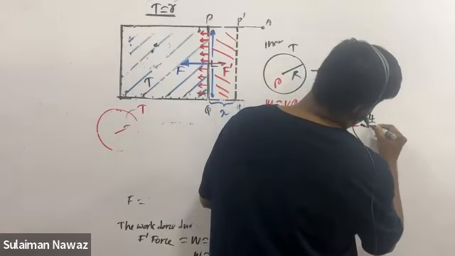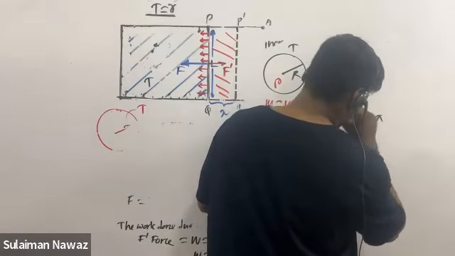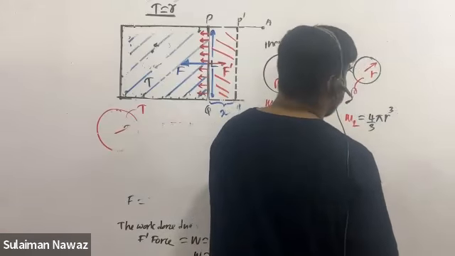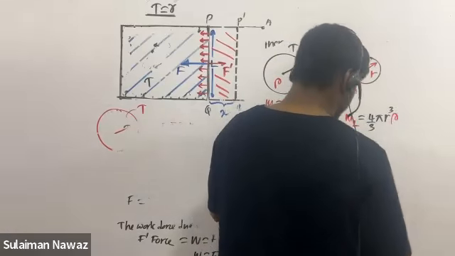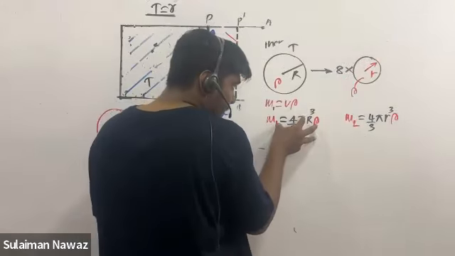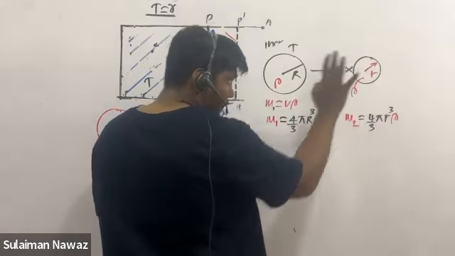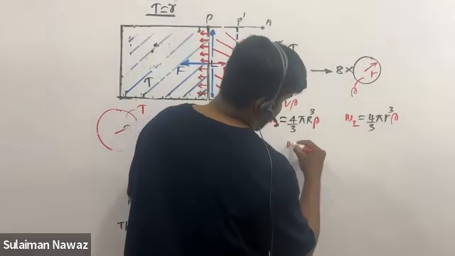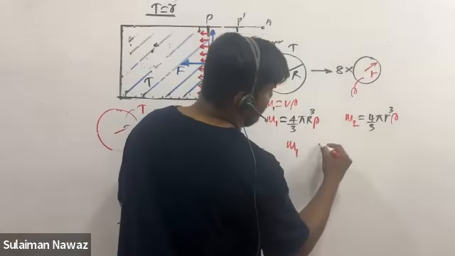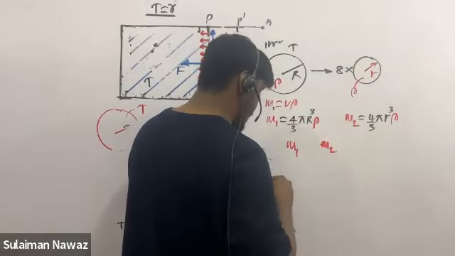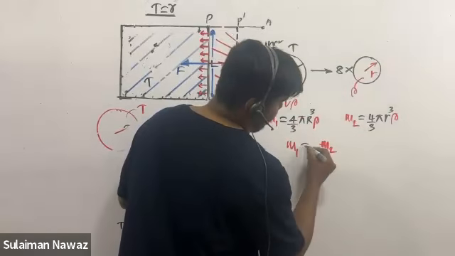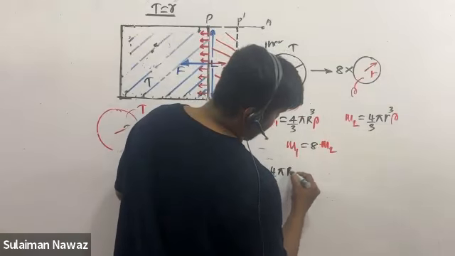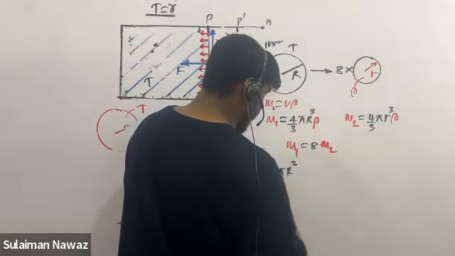4/3 pi r cube, times density rho. This is the mass of the larger droplet and the mass of the smaller droplet. Then I can write M1 equals 8 times M2. Am I correct? M1 means 4/3 pi capital R cube, density rho.